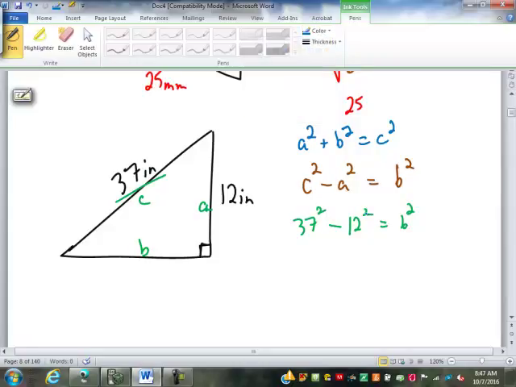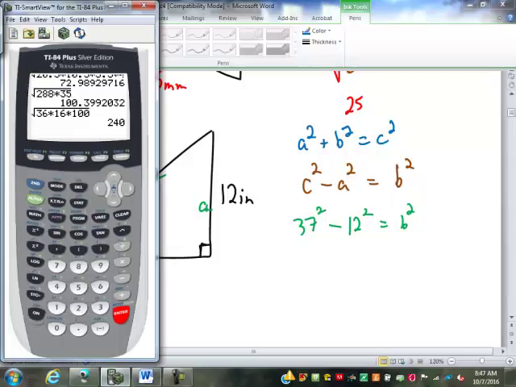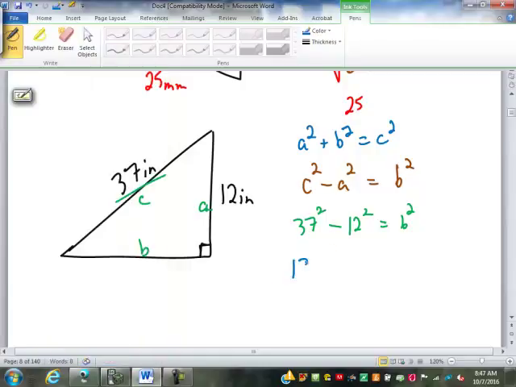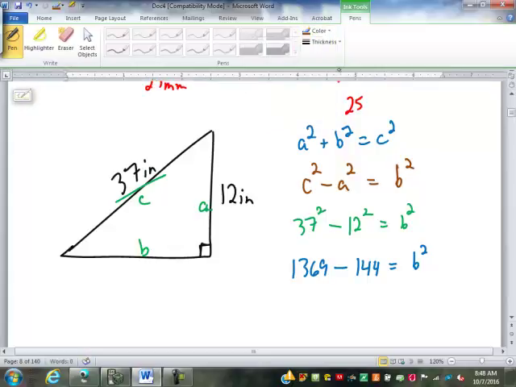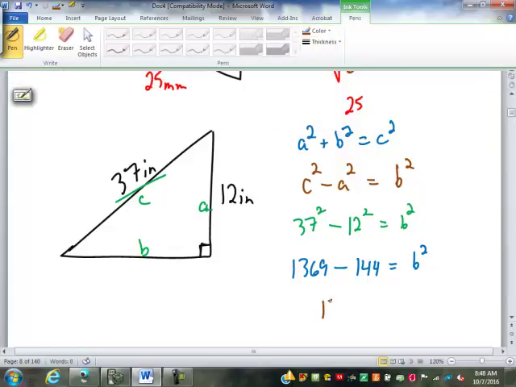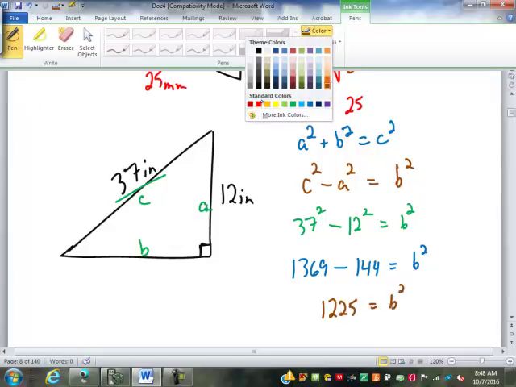37 squared is 1,369 minus 12 squared, which is 144, equals B squared. 1369 minus 144 is 1225. And we have to square root.